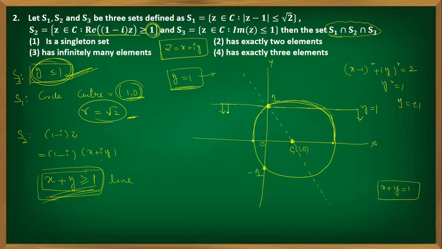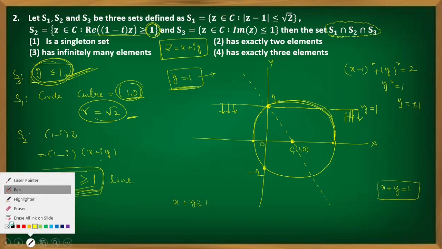One region is below this line. And the other region is inside the circle, modulus of z minus 1 less than or equal to root 2, inside the circle and below this line. I'll use different colors for this.